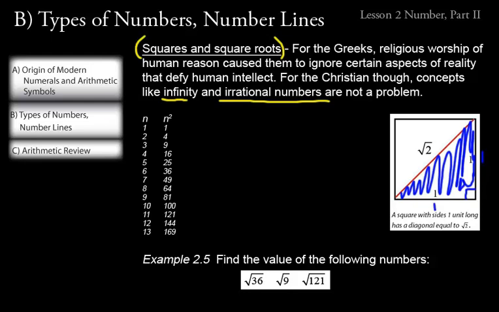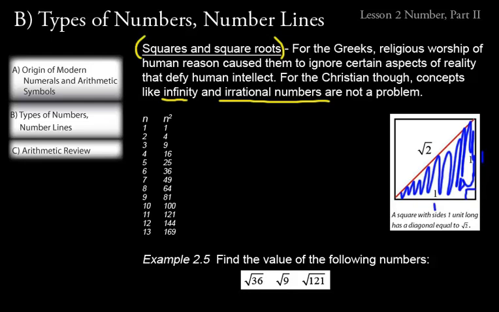So they could draw that. They could use geometry and draw the square root of 2, but they couldn't use numbers to come up with a ratio of numbers that was equal to that. That's one reason they shied away from algebra and arithmetic, because it didn't make sense to them. They called it irrational, hence irrational numbers.